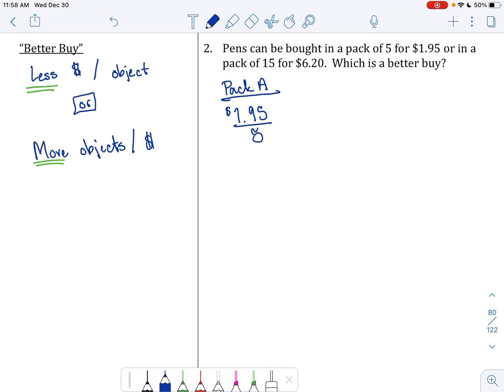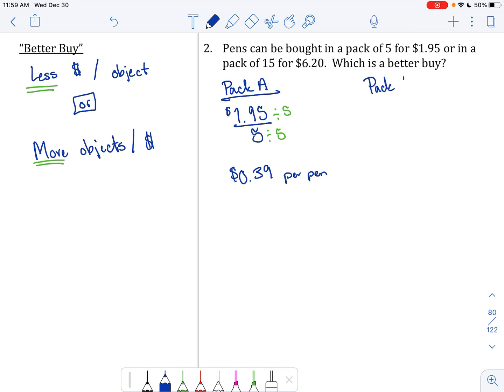And then we can do that division. Divide both of these by 5. And we end up with the unit rate of 39 cents per pen. So that would be the unit rate of the first pack.